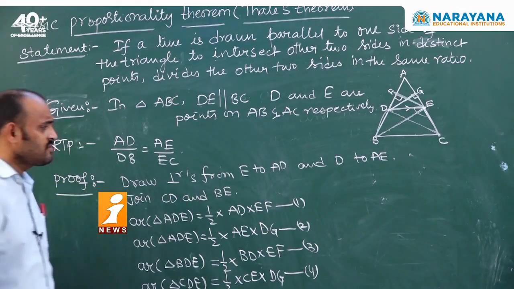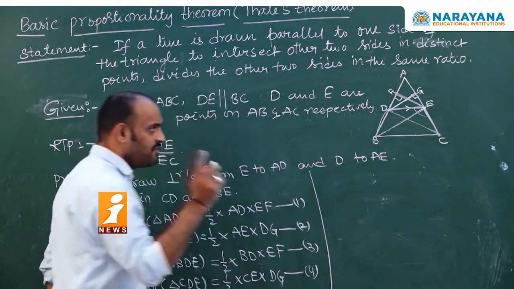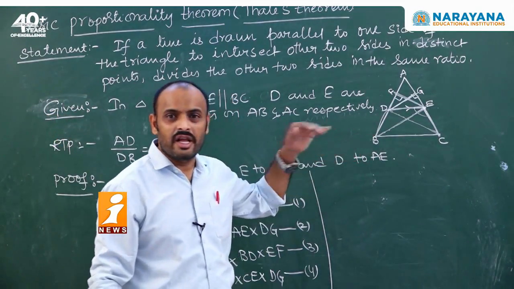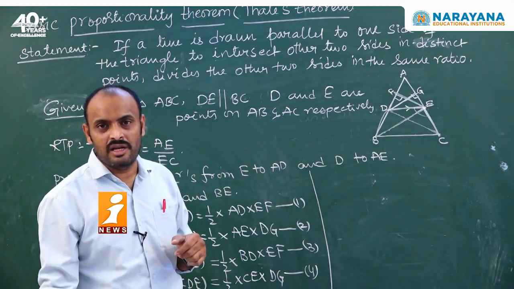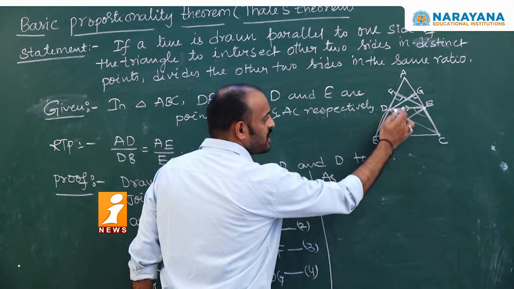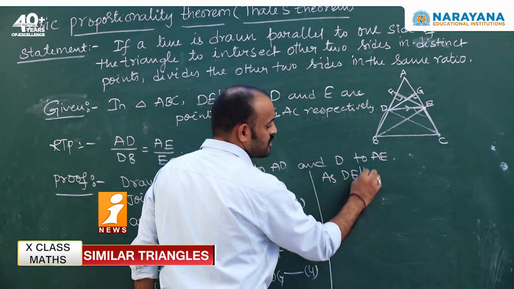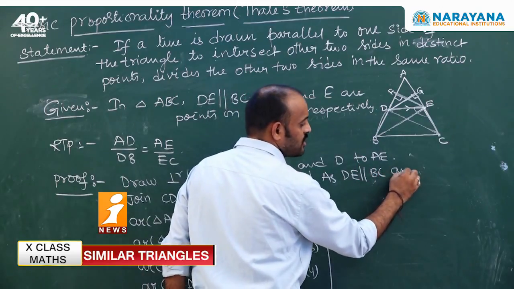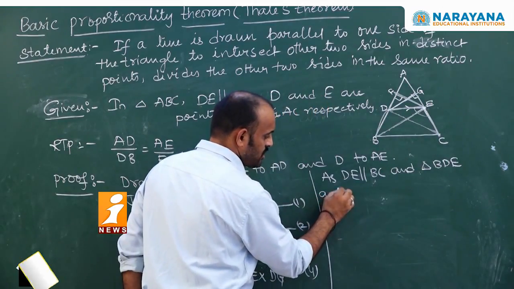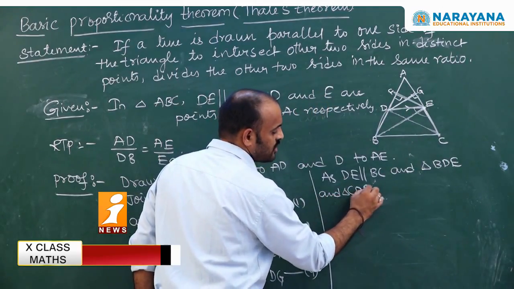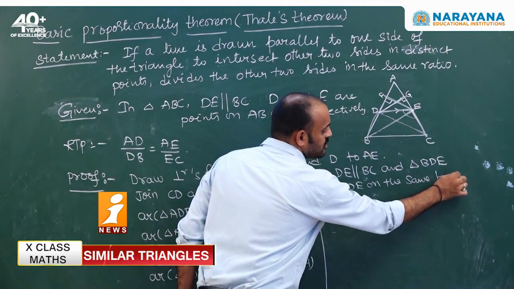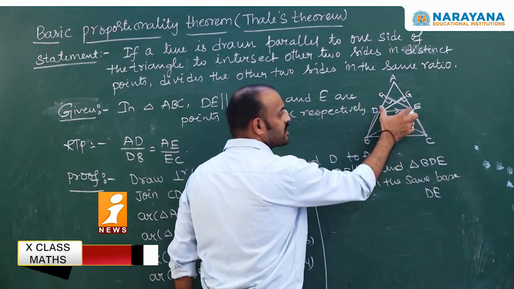Now, already we have learned one of the concepts here: triangles on the same base and between the same parallels have equal areas. As DE is parallel to BC, triangle BDE and triangle CDE are on the same base DE.